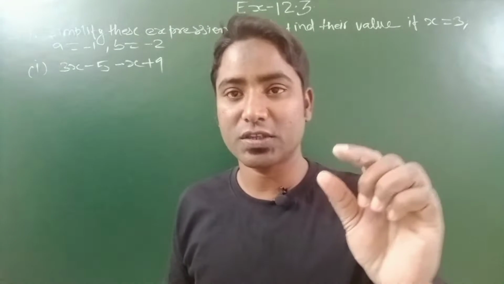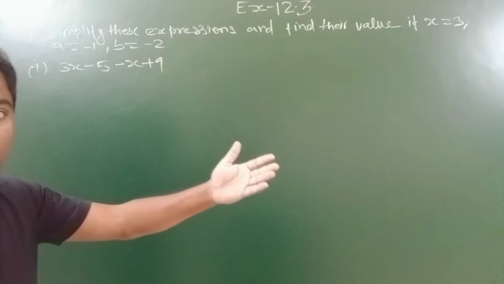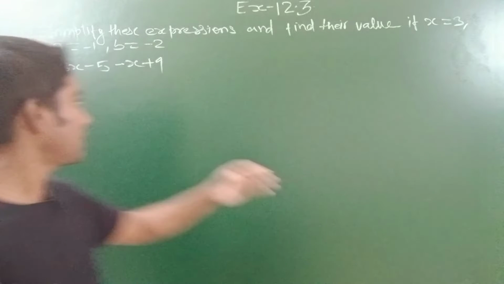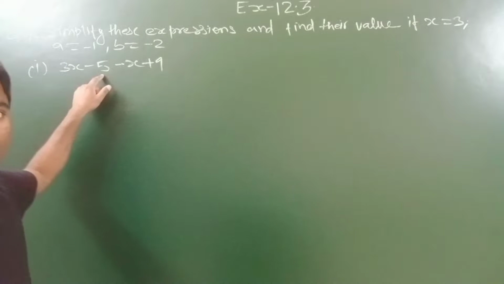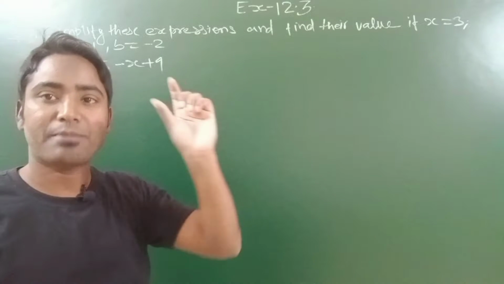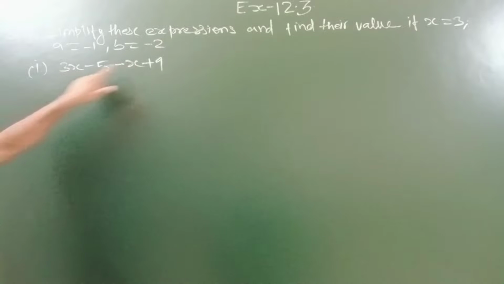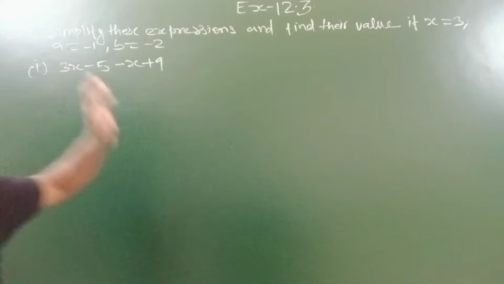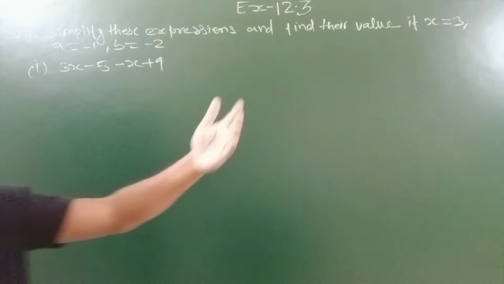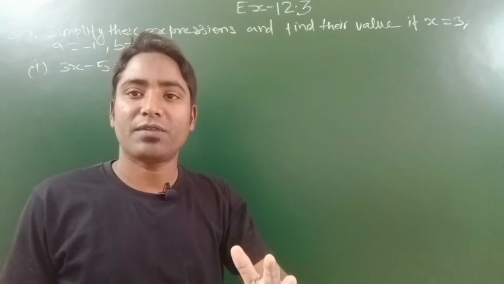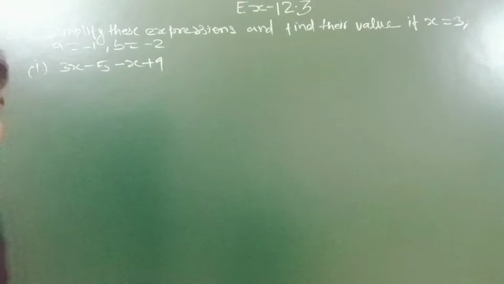Simplified form means that it cannot be solved any further. Like if you see here, two constants are there, so they can be merged after performing the operation, they can become one term. Now see, these two are also like terms, so if you perform the operation, they will also become one term. So let us first simplify the expression and then put the value of the variable and find out the value of the expression.